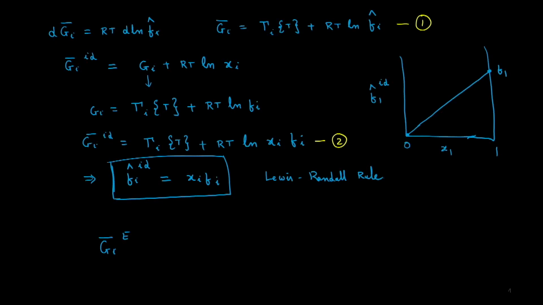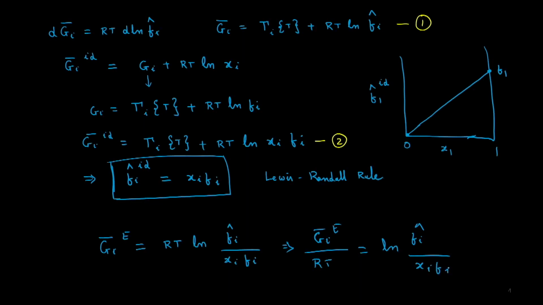Gi bar minus Gi bar ideal, the excess Gibbs free energy, is going to be equal to RT ln Fi hat over Xi Fi. Or if I were to write it in a better way, Gi bar E over RT is going to be ln Fi hat over Xi Fi, right? We call the quantity on the right hand side gamma i, or the activity coefficient.